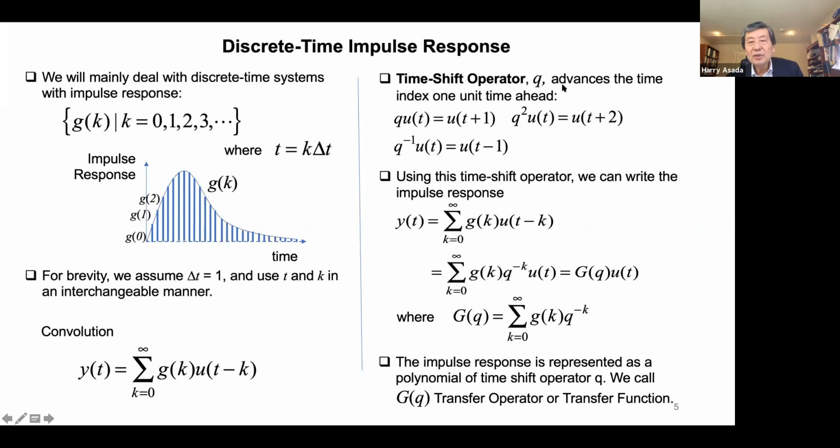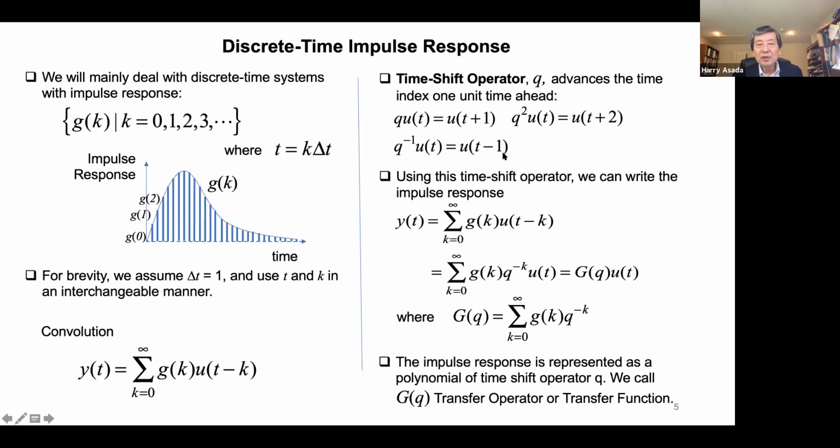This q advances the time index one unit ahead. So q times u(t) means u(t plus 1). q squared u(t) is q times q u(t); q u(t) is u(t plus 1), and applying one more q becomes u(t plus 2). q to the minus 1 gives u(t minus 1).